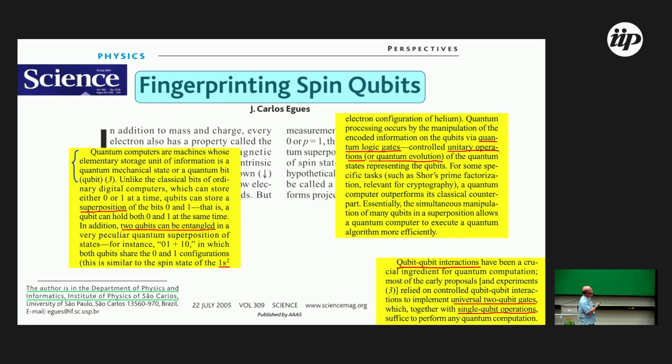Quantum computing needs superpositions, entanglement, two-qubit entanglement, then your processing is done with unitary evolution of a quantum system, and of course you need exchange and so on.